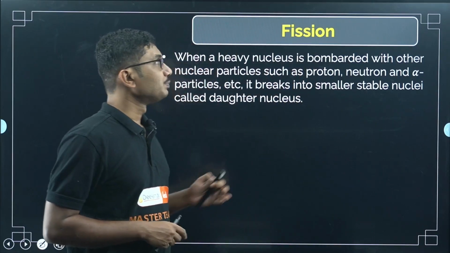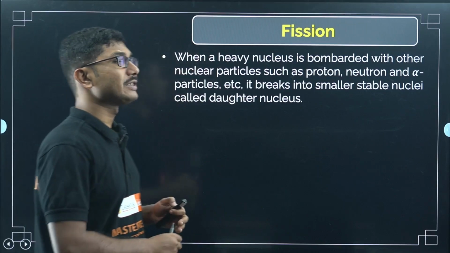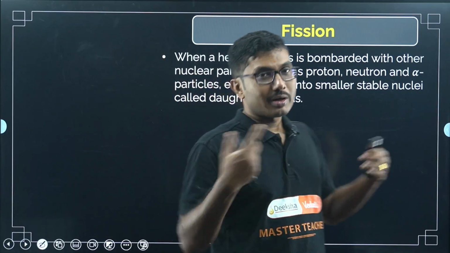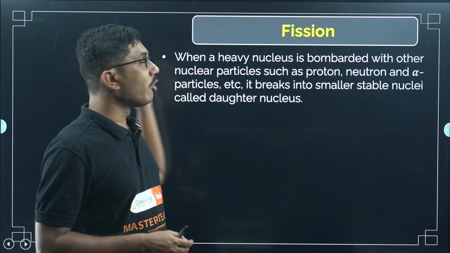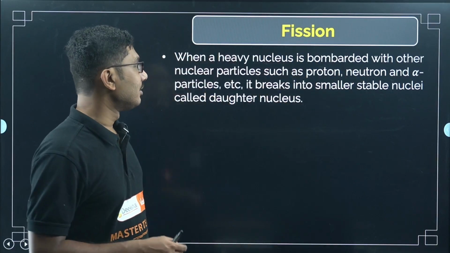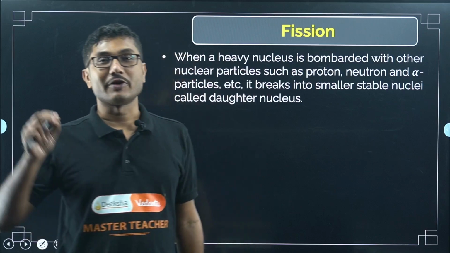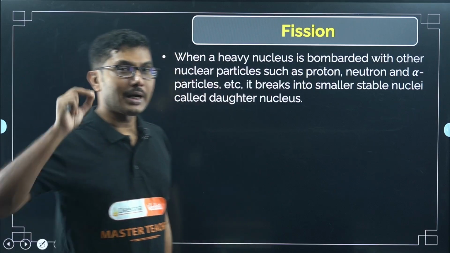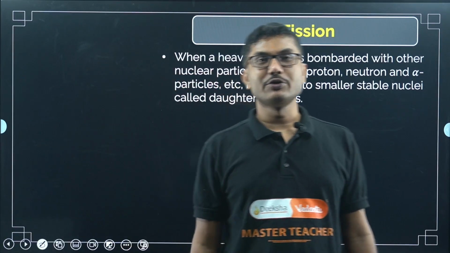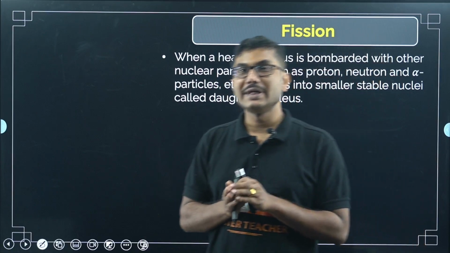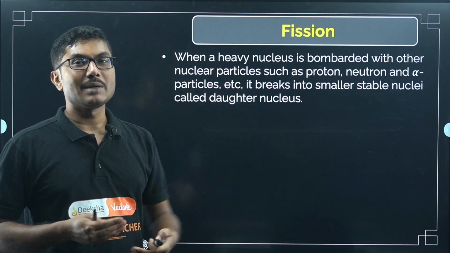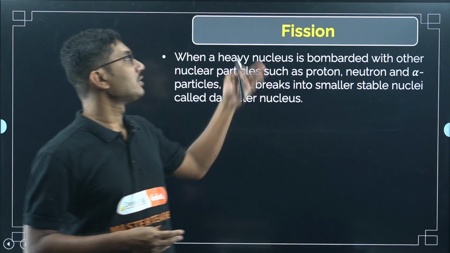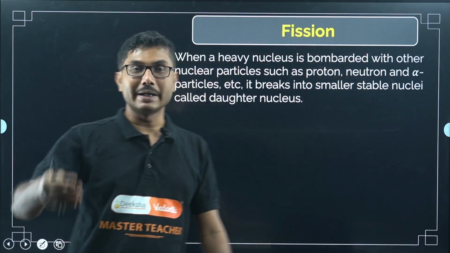Now to accelerate the process in a controlled or uncontrolled environment, we have to bombard it using nuclear particles, for example a neutron. If I bombard uranium with a neutron, the process of radioactive decay starts manually. We can do the radioactive decay process manually, and that process is called nuclear fission. That is no longer radioactivity.